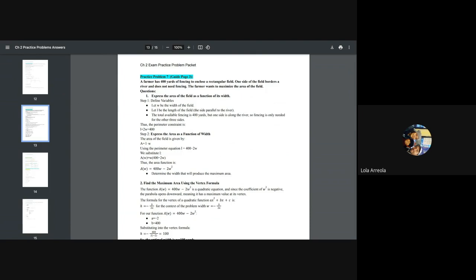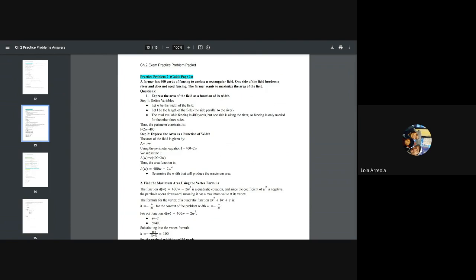So that's usually the formula for perimeter, if I am enclosing an entire rectangle, right? That's if I have a length here that I have to worry about. But for this problem, I don't have a length there, okay?